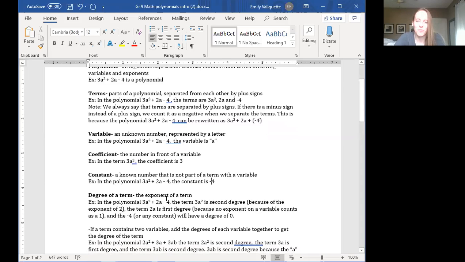In the polynomial we've been using as an example, in the first term the degree is 2, since the a is squared. In the second term, the 2a, the degree is actually 1, because everything can always be written with a little imaginary 1 for an exponent. And then the negative 4, because it doesn't have a variable, has a degree of 0.